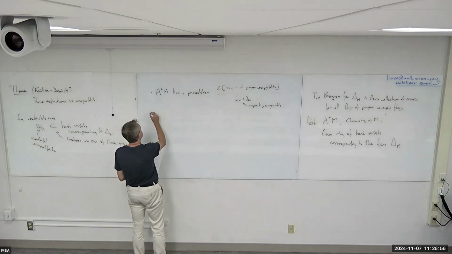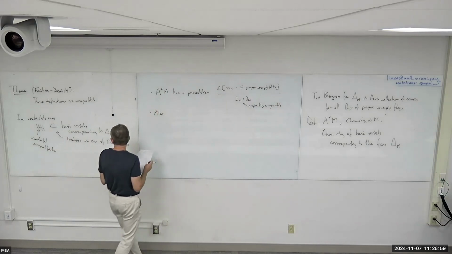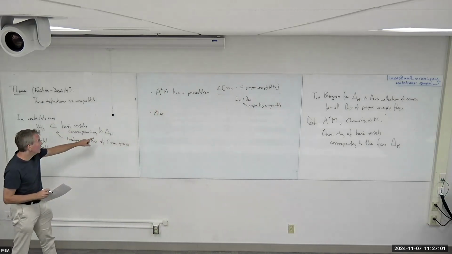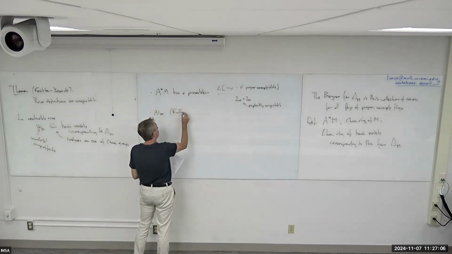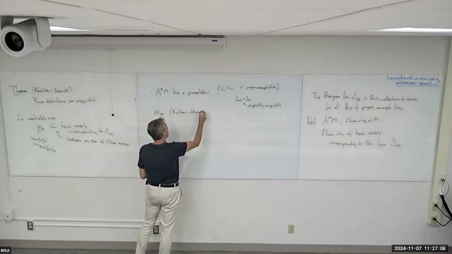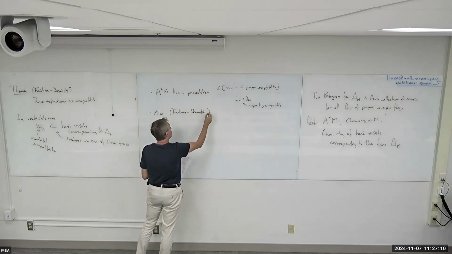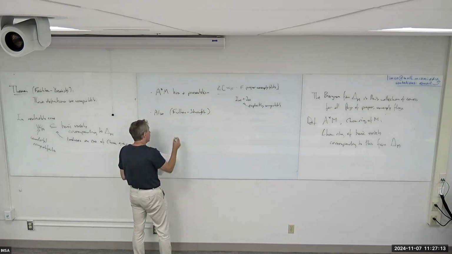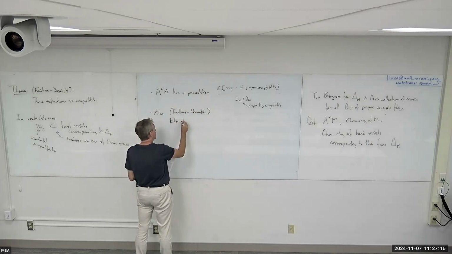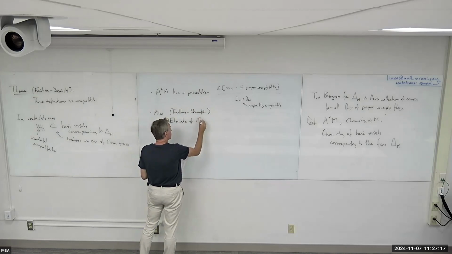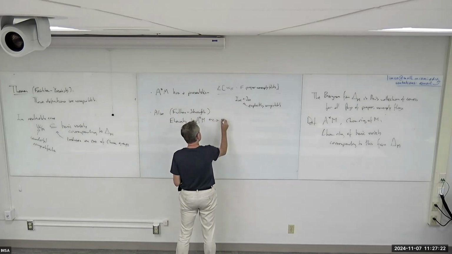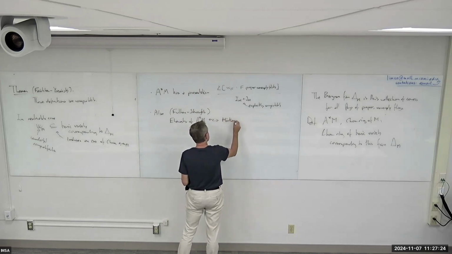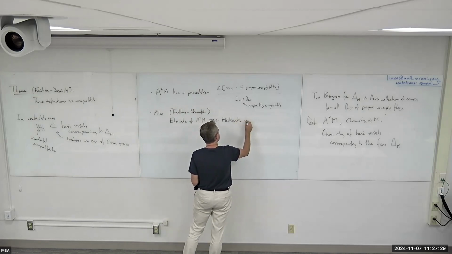Second observation is that there's a nice presentation for the Chow ring of the toric variety corresponding to a fan, and that goes back to Fulton-Sturmfels. The elements of A star of M, the Chow ring of M, correspond to Minkowski weights. W or V? W, right?